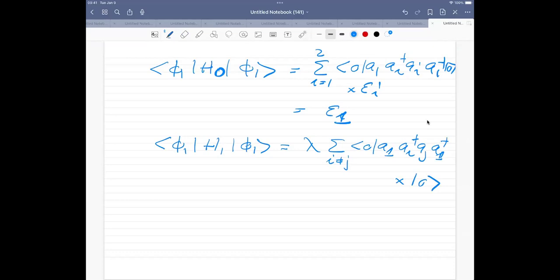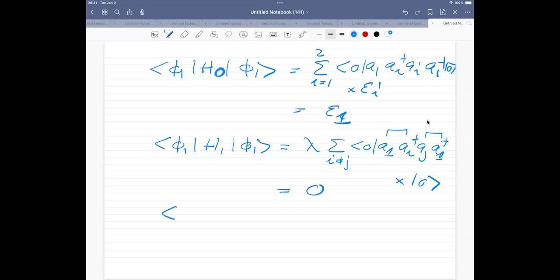If I look at that one, we know that i is different from j. And if I do the contractions, the only possible contractions are this one with that one. And since i is different from j, this is obviously equal to 0.